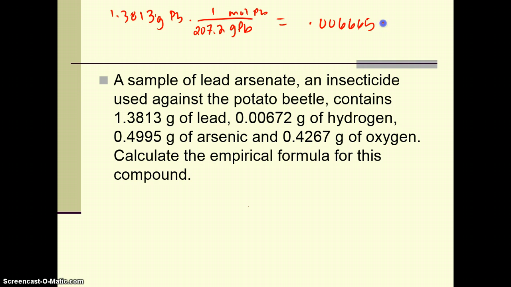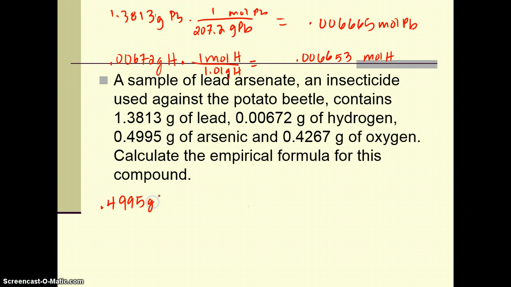I'm keeping 4 significant figures, moles of Pb. I also have 0.00672 grams of hydrogen. If I multiply that, 1 mole of hydrogen, 1.01 grams of hydrogen, I end up with 0.00663 moles of hydrogen.